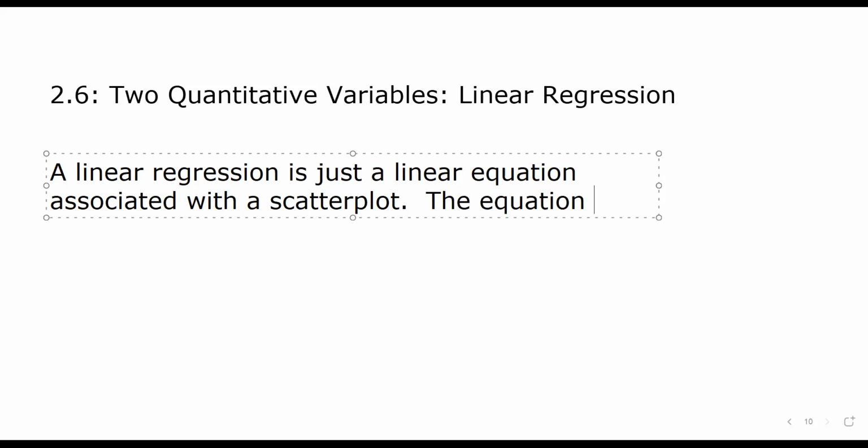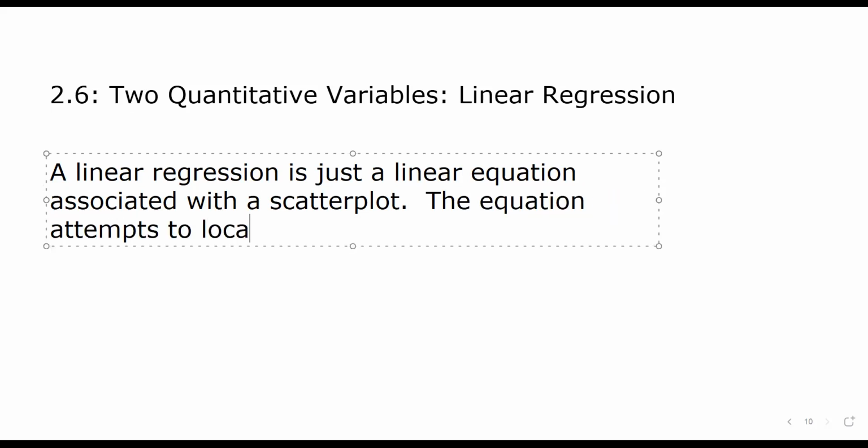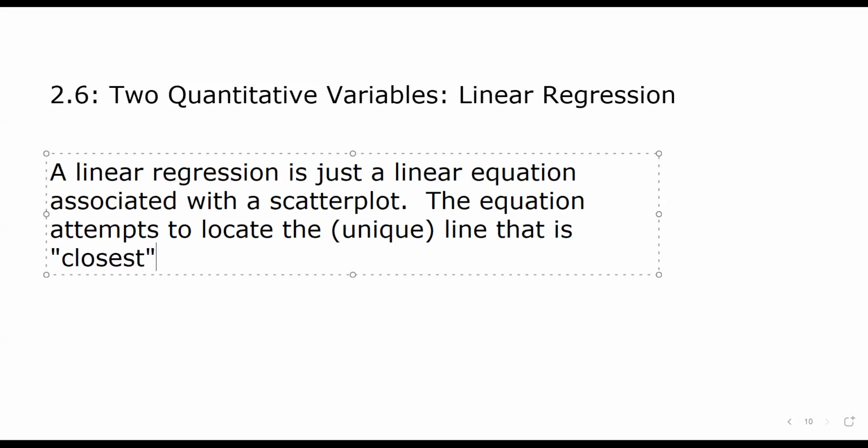The equation attempts to locate the unique line, and it is unique. You don't have to call it the unique line all the time, but I just want to mention that it is unique. The equation attempts to locate the unique line that is, for lack of a better word, closest to all of the points in the scatter plot.